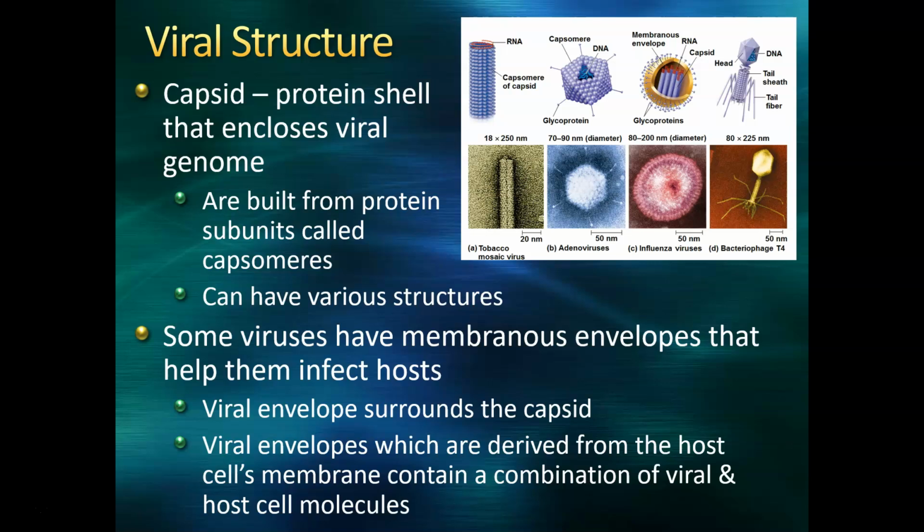So not only do they contain viral molecules in that membrane's material, but they will also end up containing some of the host cell molecules as well, which really makes it an interesting evolutionary progression, and an easy way for that virus to continue infecting its host's cells, because it literally contains materials from its own host. And so that host's immune system has a harder time recognizing that it's present because it thinks it's part of itself, which is kind of clever from an evolutionary standpoint.